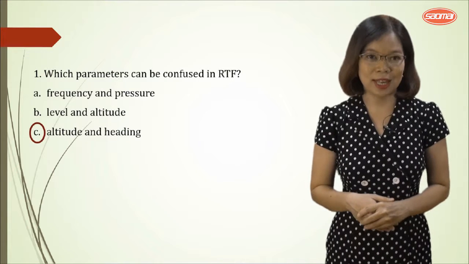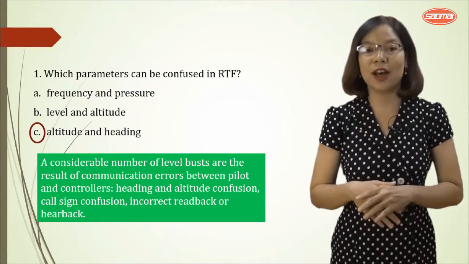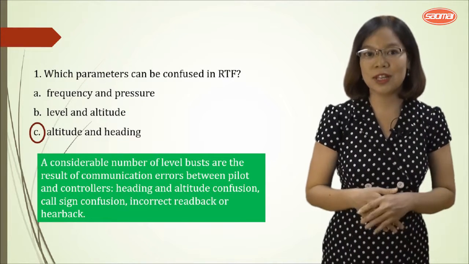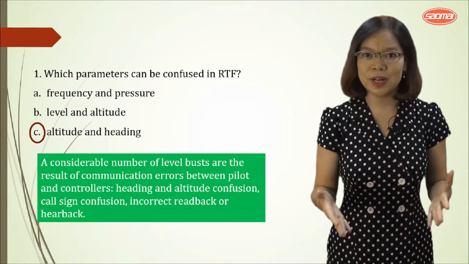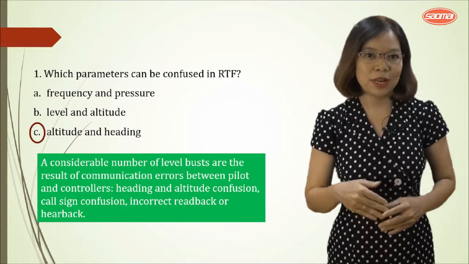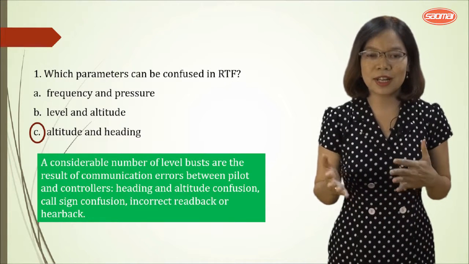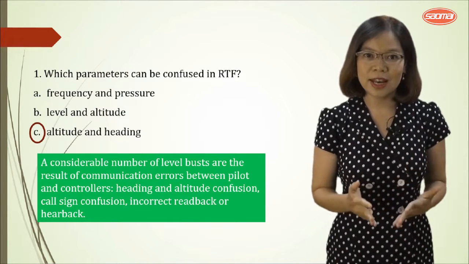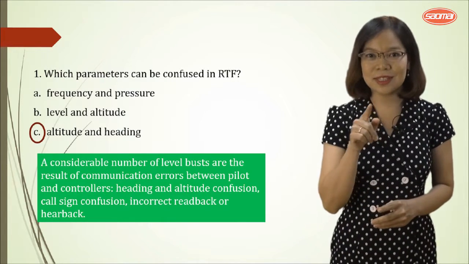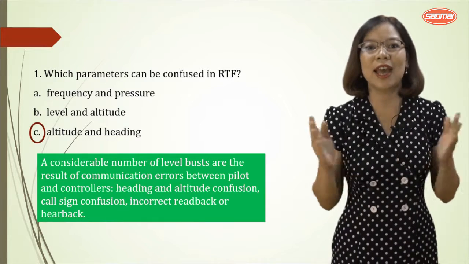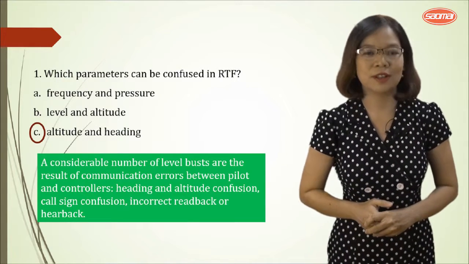So we have C, because you can find the information in the text. A considerable number of level busts are the result of communication errors between pilots and controllers, a heading and altitude confusion. So this is the keyword. We have heading and altitude confusion.